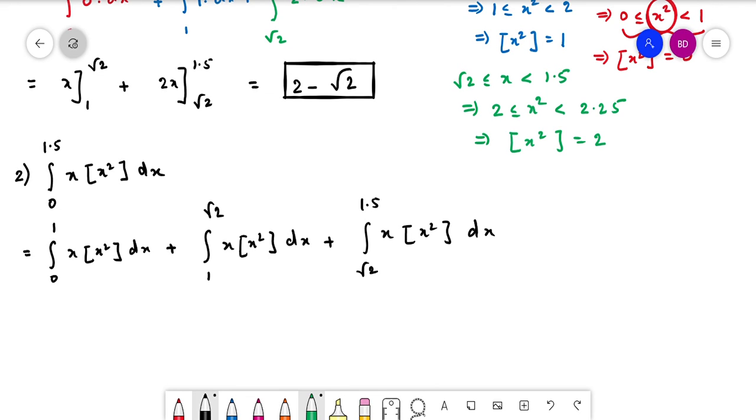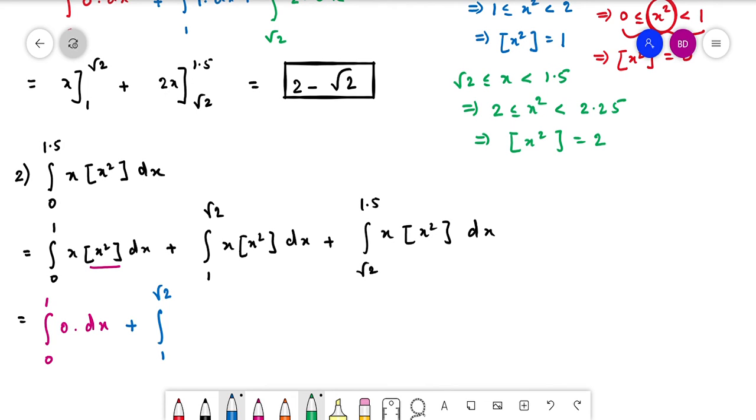So now let us put in the different values. The first part, 0 to 1. You know between 0 and 1 box x square is 0. So x into 0 is again 0 dx. This portion vanishes. Now the next one, 1 to root 2.